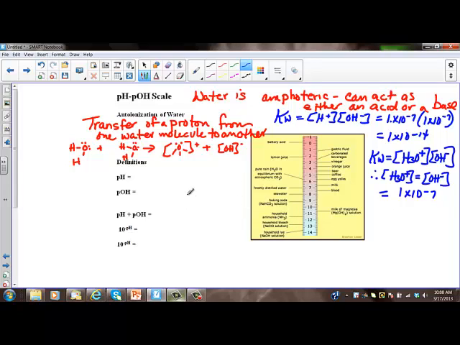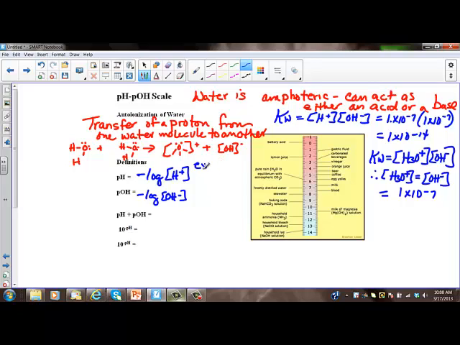All right, let's look at definitions. pH is the negative log of the H+ concentration, and pOH is the negative log of the OH- concentration.